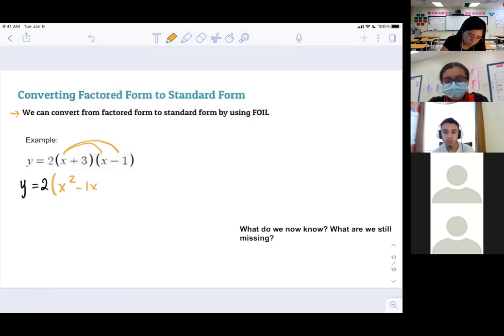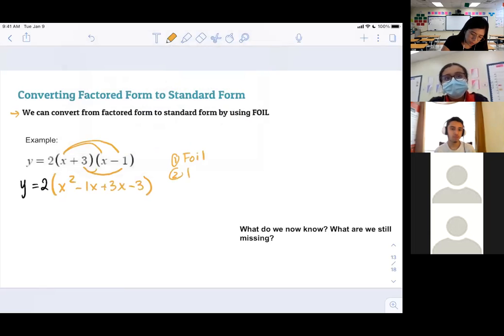Or 3 times x? 3x. 3 times negative 1. Negative 3. Good. Okay, so step 1 is FOIL.